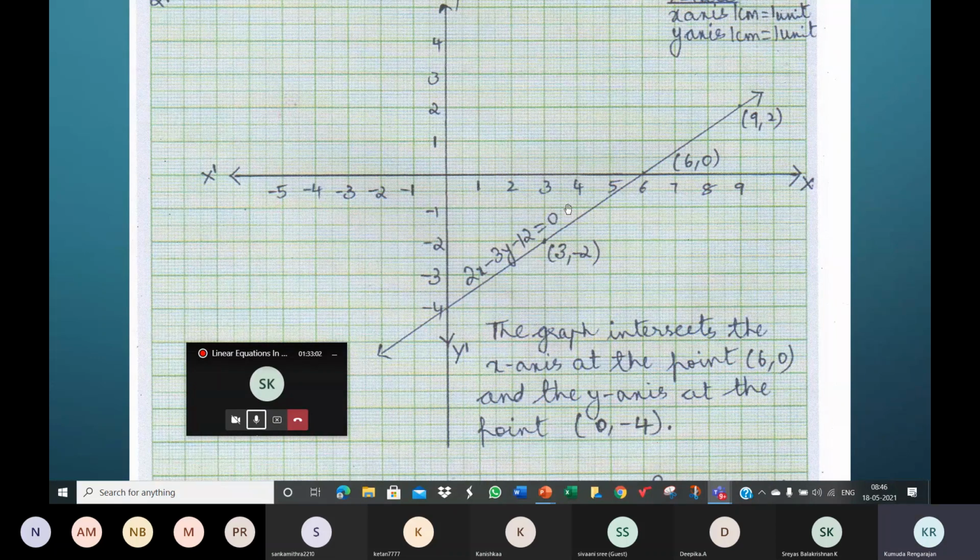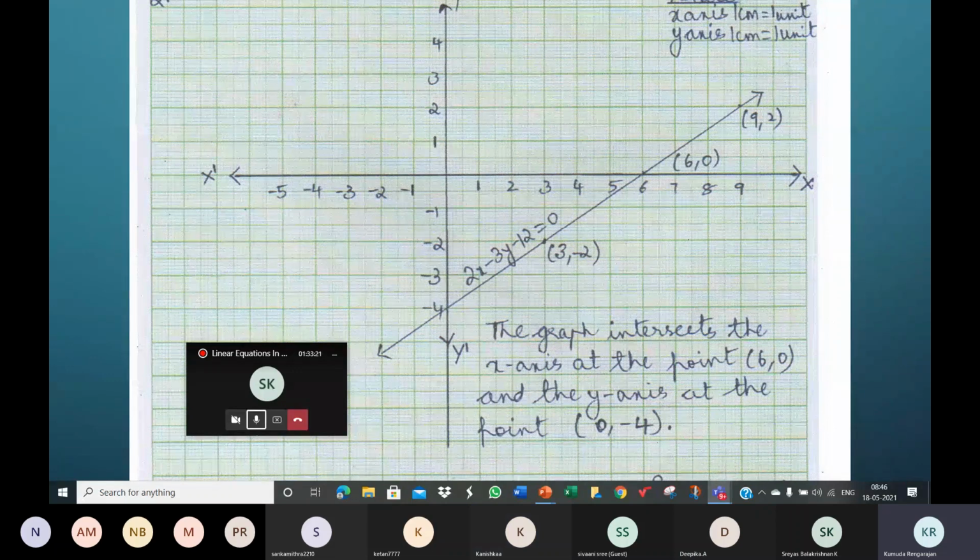Now, all of you write this equation. Please write this equation: 2x minus 3y minus 12 is equal to 0. Write this in your book. Wrote, ma'am. Yeah, good.